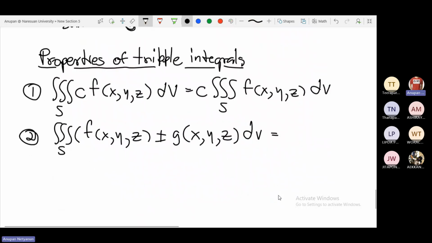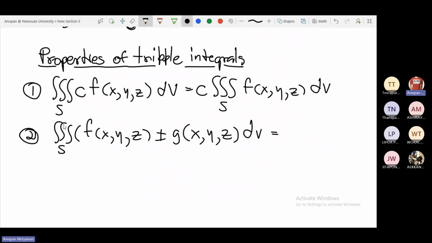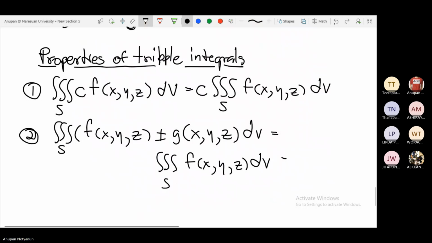Again, this is going to be similar to the double integral, where the triple integral can distribute inside, which is the triple integral of f(x,y,z) dV, plus or minus the triple integral of g(x,y,z) dV.